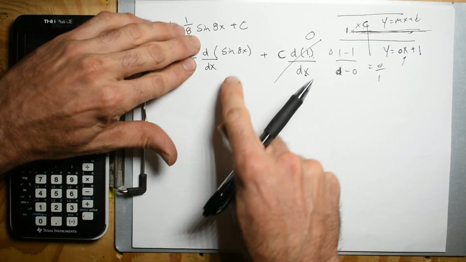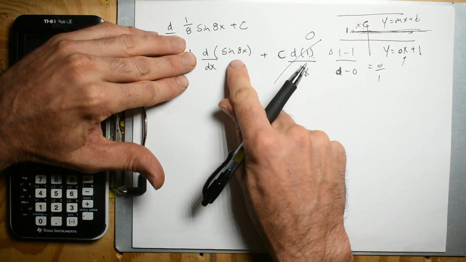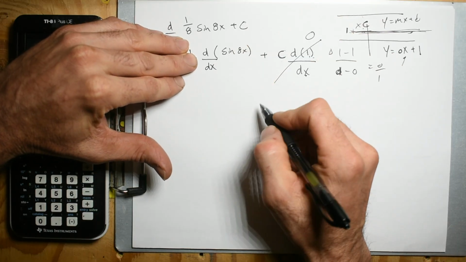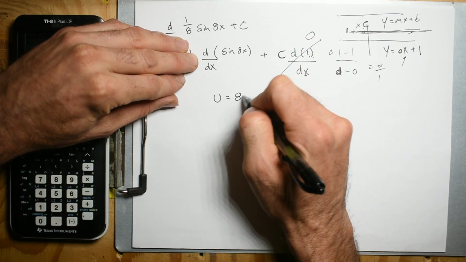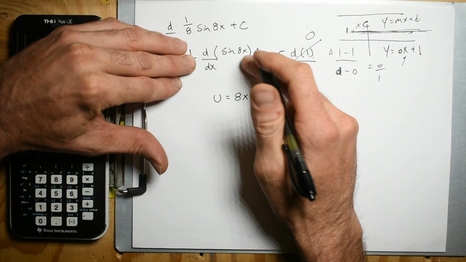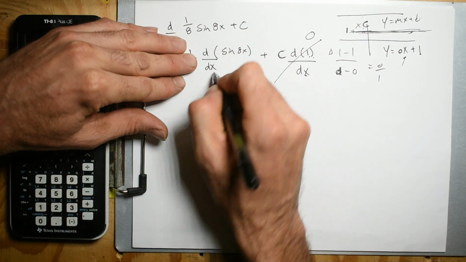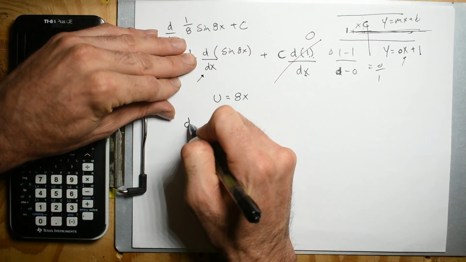We have a constant out here, but right here, I don't know the derivative of sine 8x. But maybe I can use this u substitution and say u is 8x, and let's do that. And here, we're still changing x. So this actually kind of explains the u substitution.